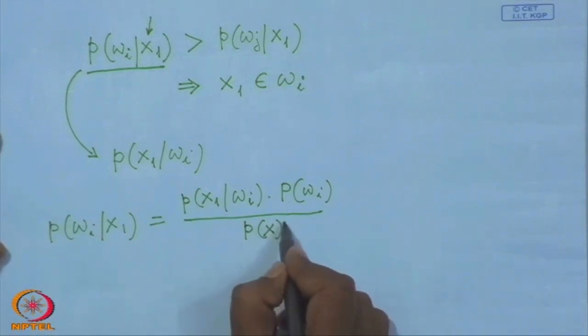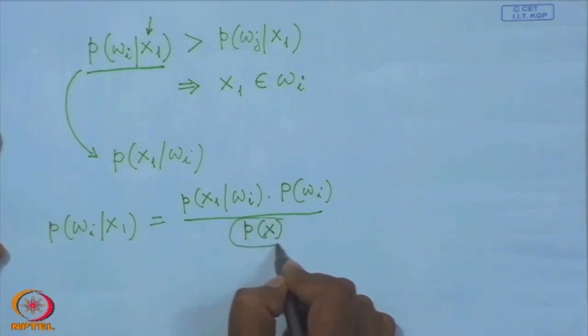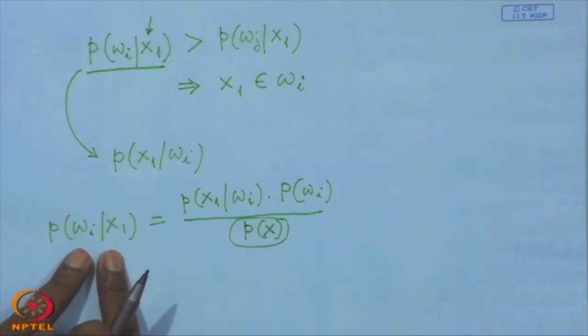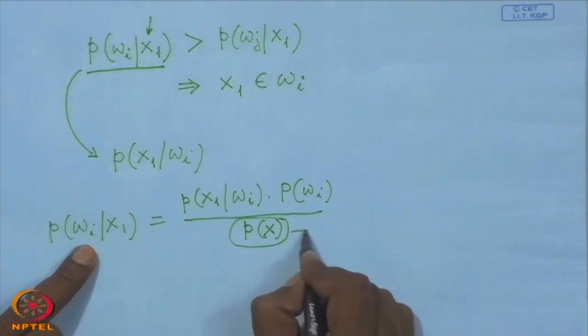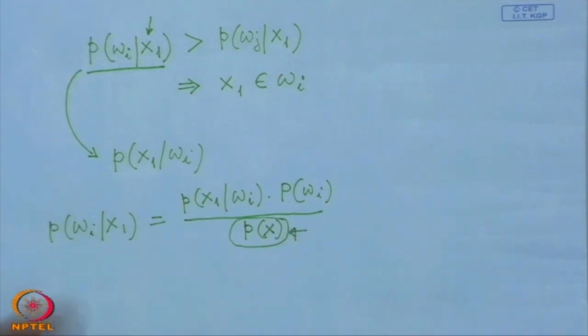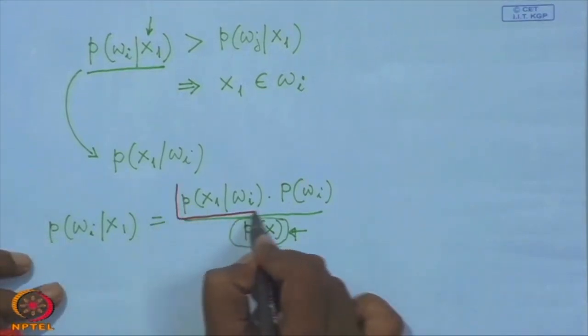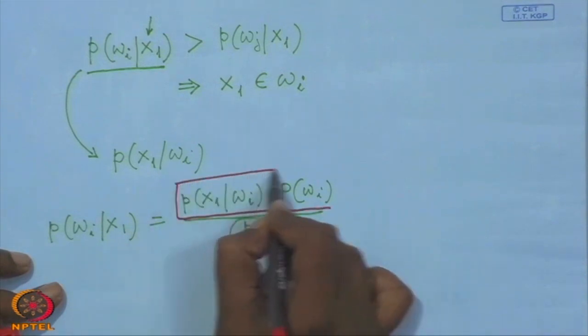And as we said, P of x appears in the denominator of all such expressions for different classes omega i. So, this P of x does not contribute anything to our decision, because it is the same for all the classes. So, what I really have to compute is P of x 1 given omega i into P of omega i.